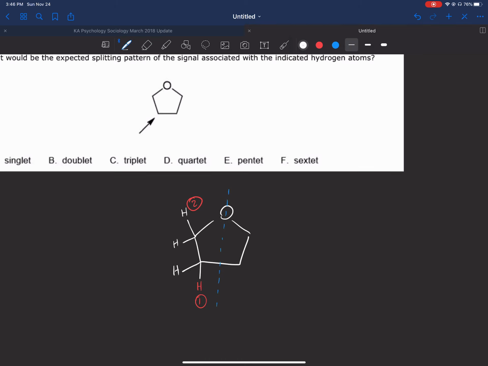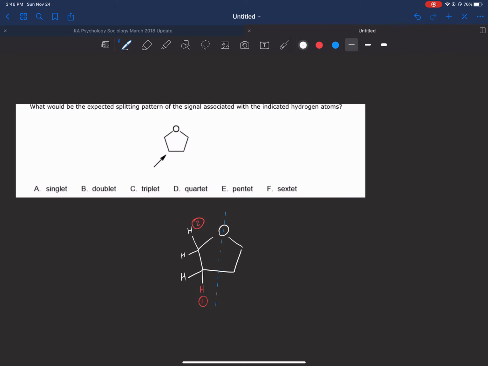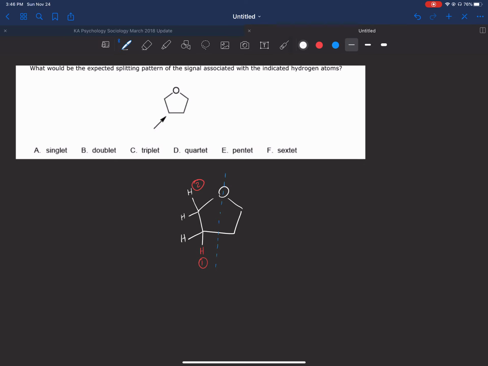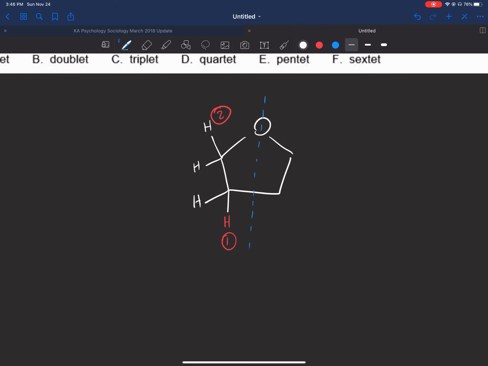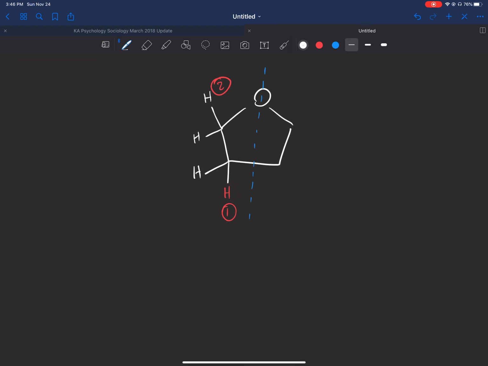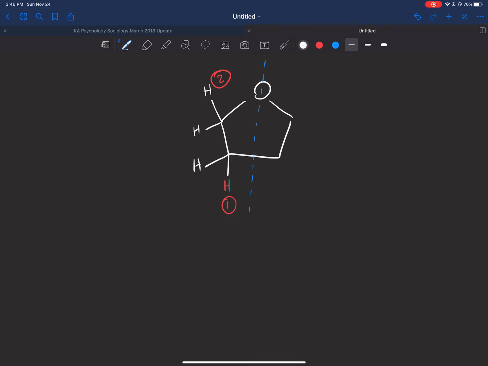All right, and so what did they ask us to do? They asked us to find the expected splitting pattern. This is the difference between HNMR and CNMR that makes HNMR a little bit harder, and some people have a little bit more trouble with it. In HNMR, you have to look at the hydrogens next to the hydrogens you're looking at. So let's say I'm looking at the hydrogen in red. We know we're going to get a peak from there.